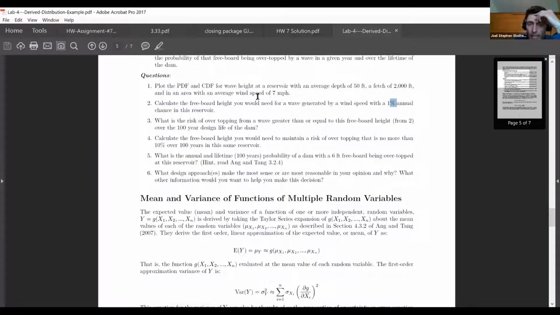The only thing we're assuming is a random variable is the wind speed. And now that you've got the CDF of the wave height, you could say, what is the wave height that has a probability of 1%?